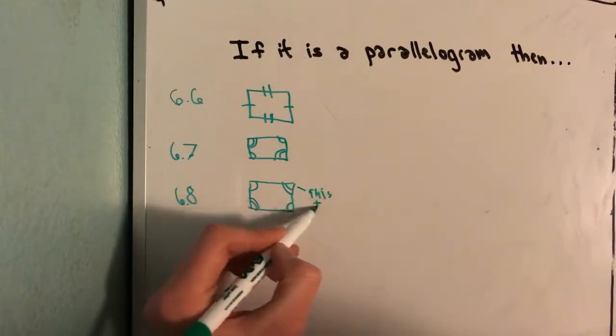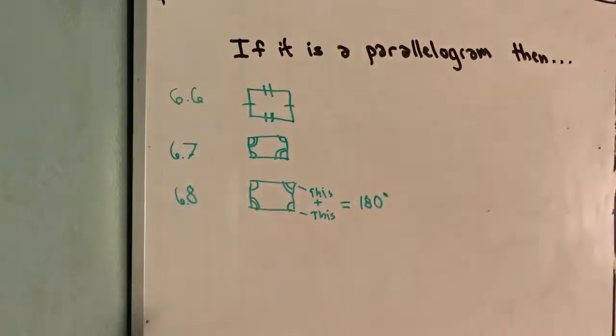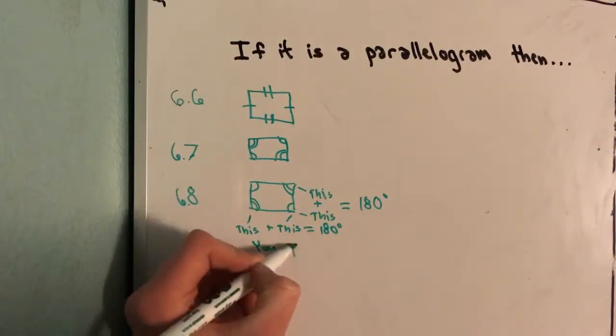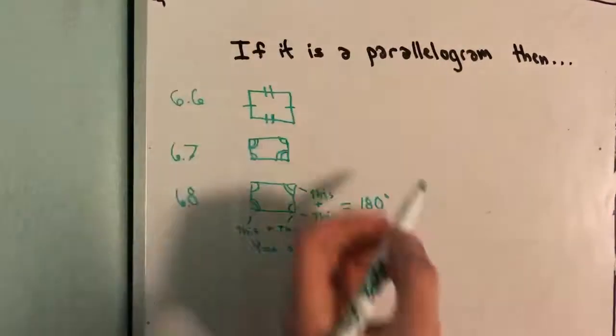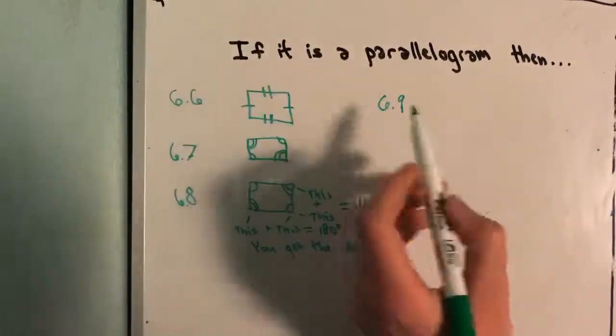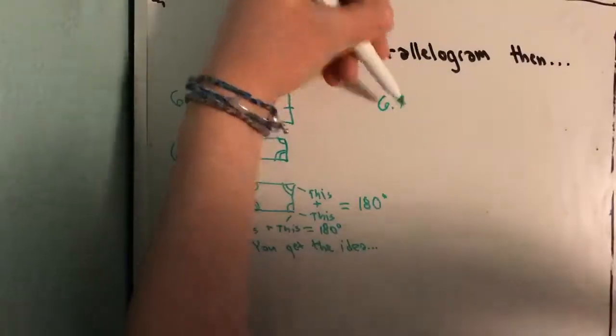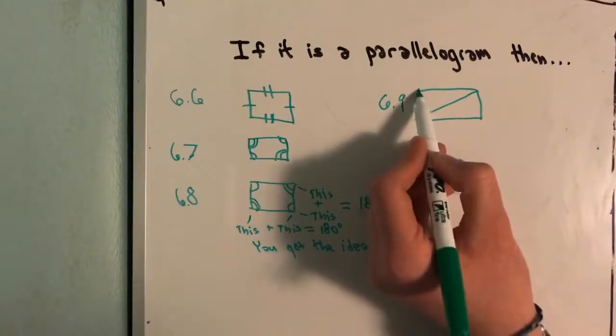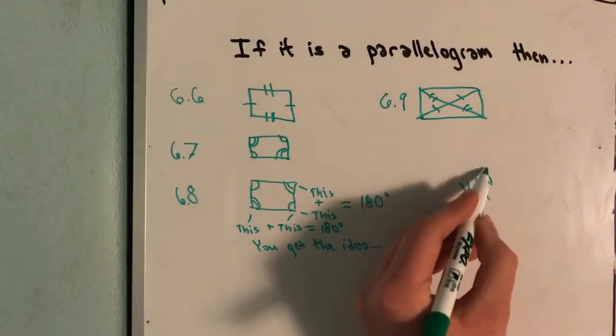Consecutive angles will be supplementary. And the diagonals will bisect each other.